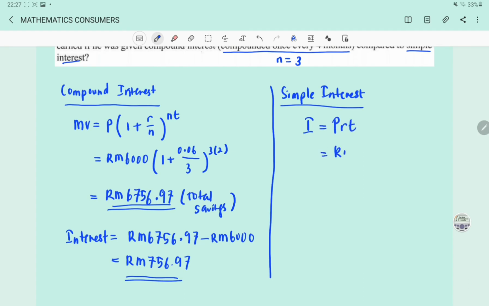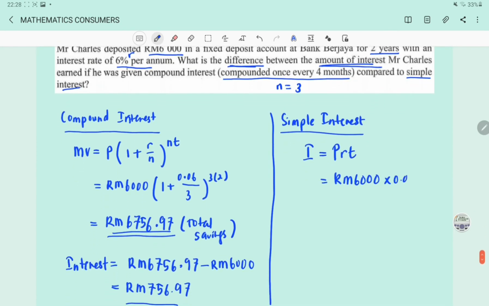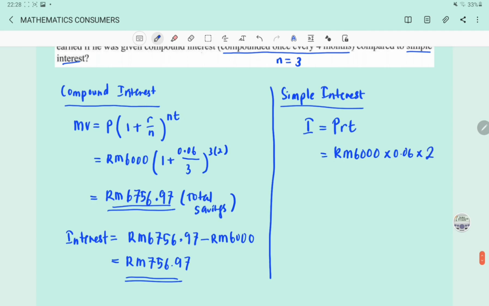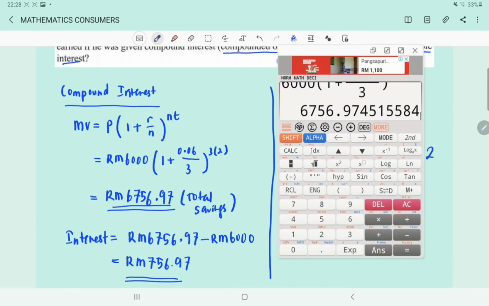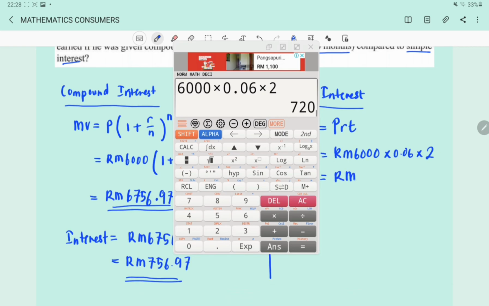The principal is 6,000, times the rate, the rate is 6%, 0.06, times 2 years. And then you calculate 6,000 times 0.06 times 2. If we use simple interest, the interest is 720.